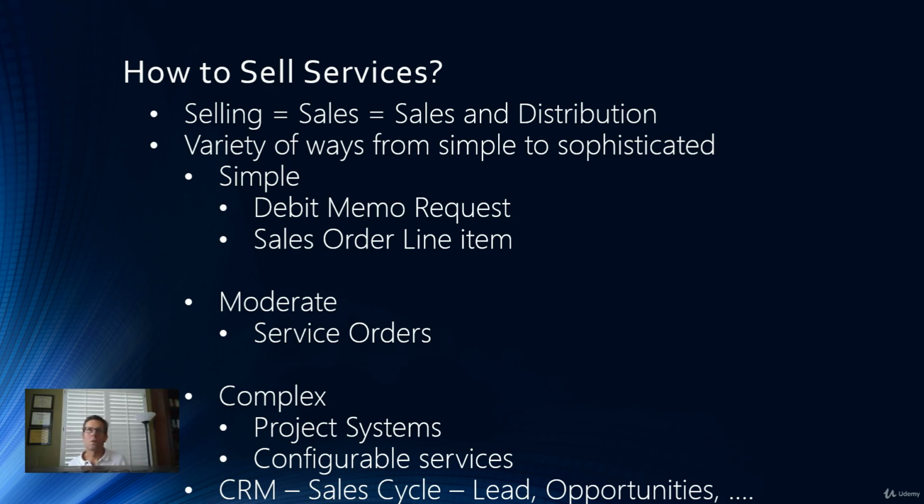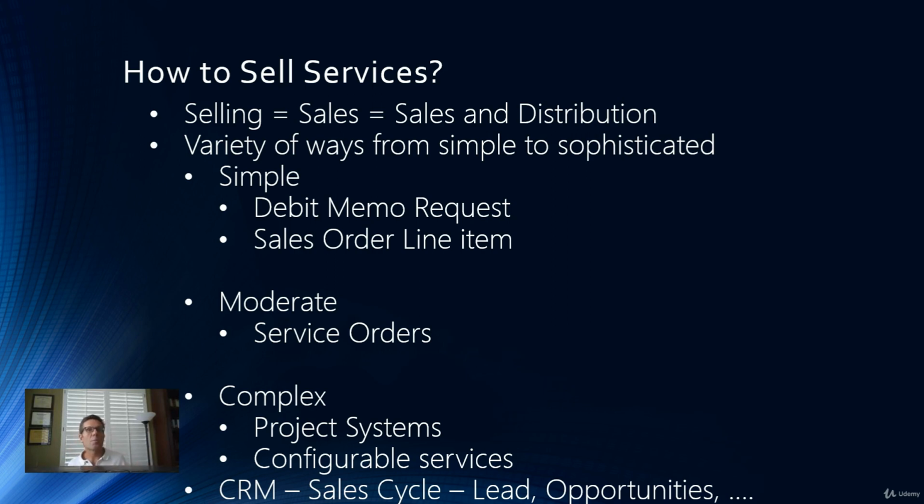So if you're, let's say, rebuilding a nuclear reactor, for example, you might want to use project systems rather than service orders. There are some gray areas, a lot of overlap when you get into a more complex service. Do you use service orders or projects? Kind of the same thing where if you're building something really complex, do you use production orders, or if it gets really complicated, do you then start using project systems?